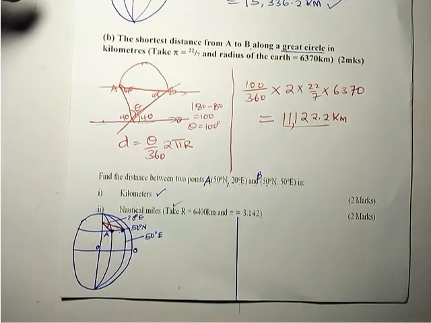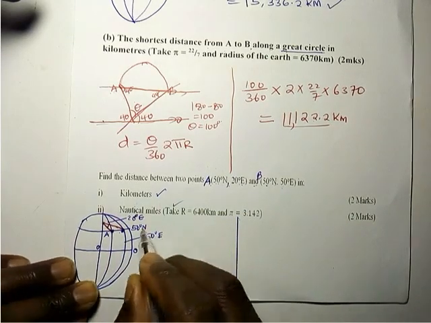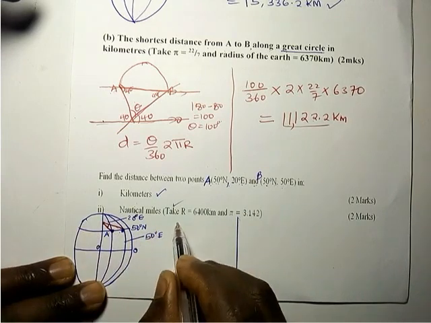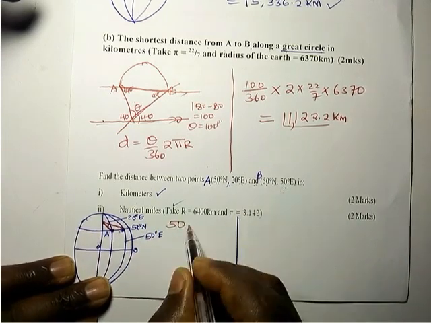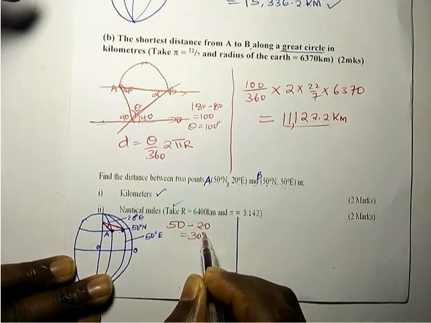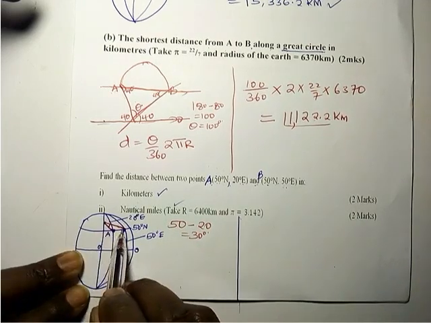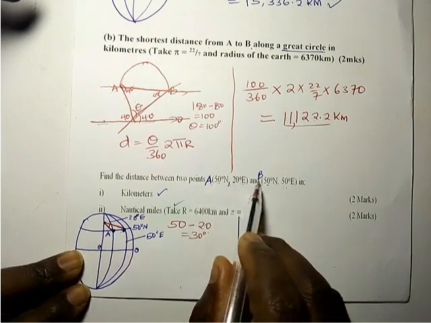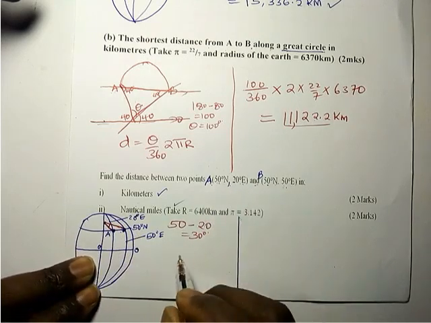Right? So first we get the angle difference. Angle difference is 50 minus 20 because they are on the same side, which is going to be 30 degrees. Because we realized it is a small circle, since it is 50 degrees north, that's a small circle. Therefore, we know the formula.